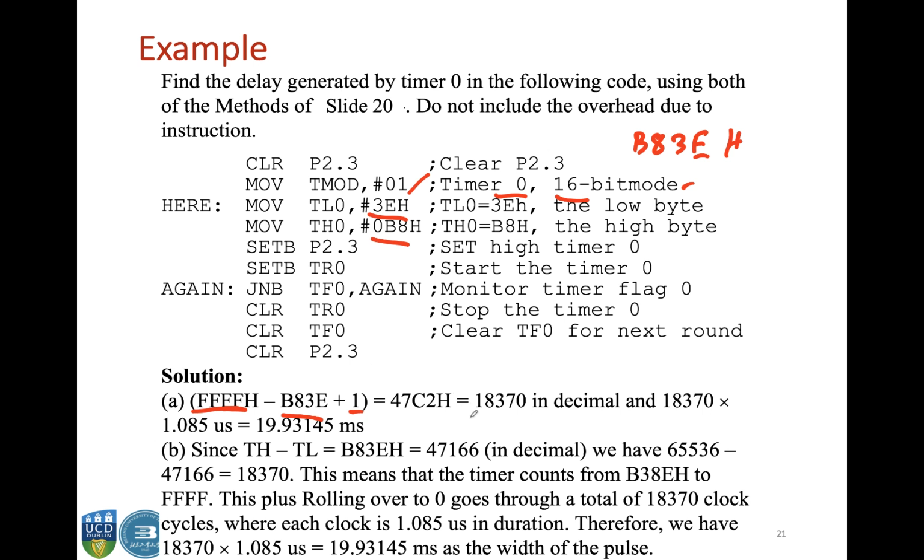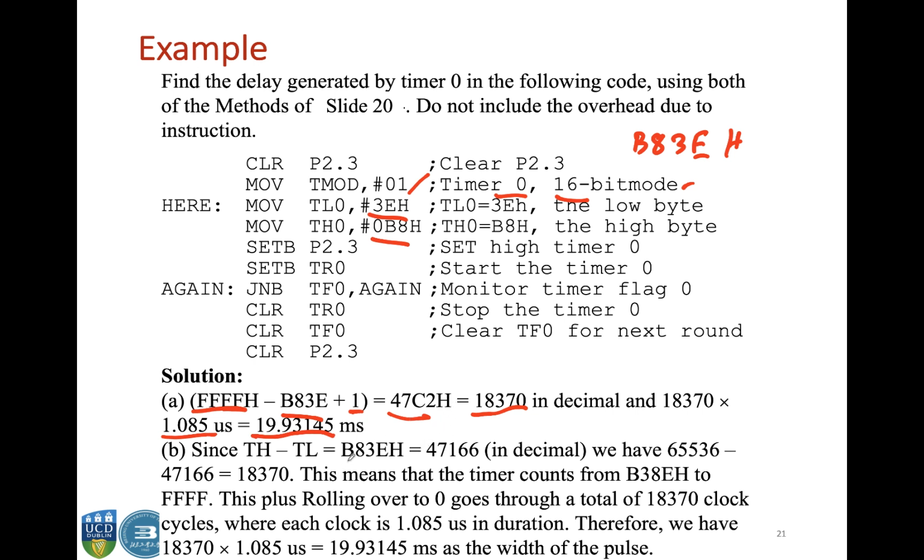So this gives you 47C2 in hex, which is 18370 in decimal, and 18370 times 1.085 is 19.93 milliseconds.